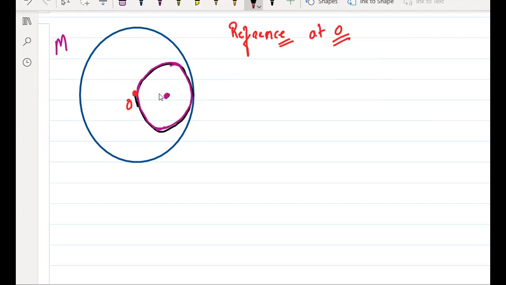When I'm removing this, can I consider this as negative mass? Yes, negative with respect to the bigger circle. Right? Anyone have any doubt in this? Step by step concept. Okay, sir, ठीक है, समझ में आया negative mass.